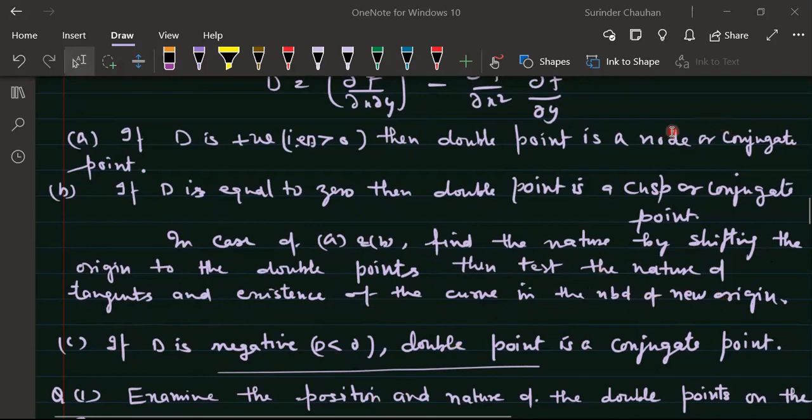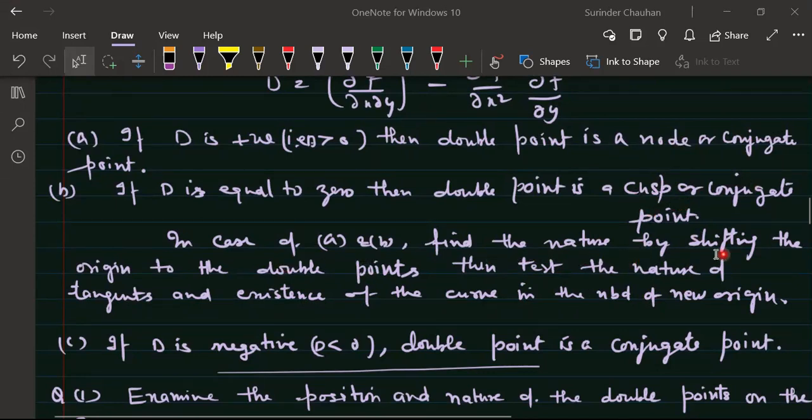Because we are not clear whether the double point is a conjugate point, this gives us two conclusions. When you calculate d at the double point, this gives us confusion, either a node or a conjugate point. Now we have to decide whether it's a node or a conjugate point.